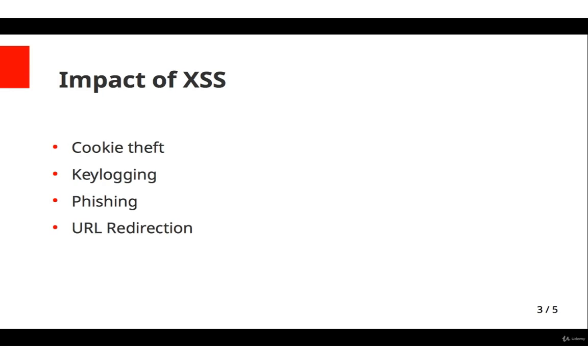For exploitation, an attacker can use social engineering ways like email or clickjacking to manipulate users into executing our payload.